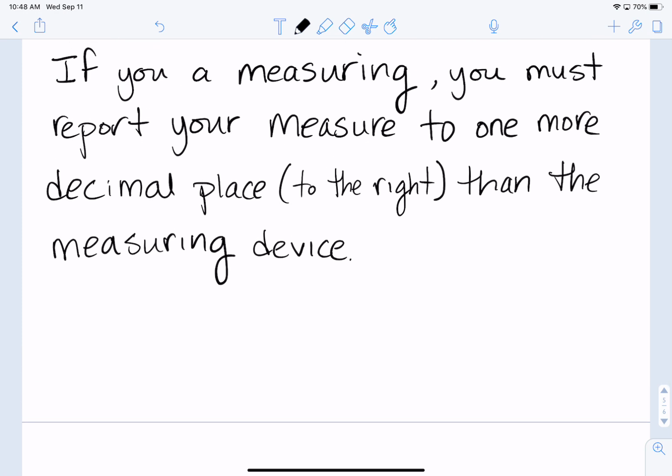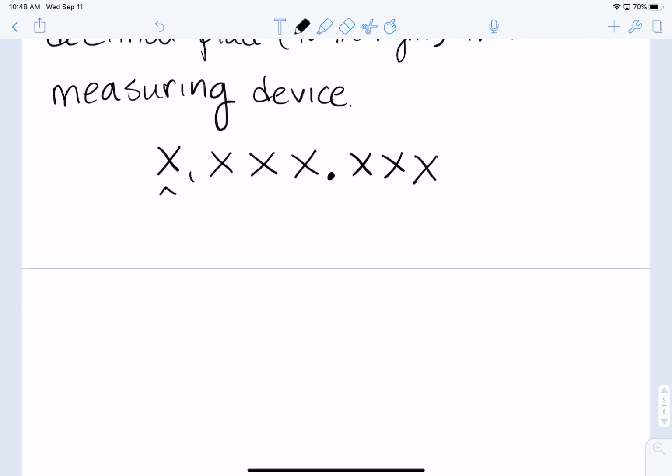So, first of all, let's just talk about this. I have it up on the board right here, but go ahead and write it in your notes. This is the measuring to the 1,000s place, right? So if you had a device that measured every 1,000 meters, let's say, this one is 100. Maybe a very large beaker measures every 100 milliliters.